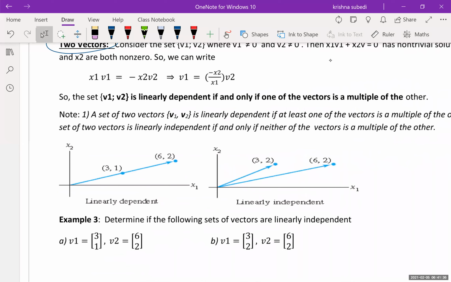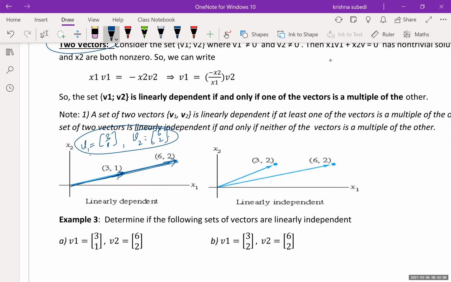Now, what it means is, suppose my V1 is 3 and 1. If I draw the vector, this is 3 and 1. And let's say my vector V2 is 6 and 2. Then this is my vector. So these V1 and V2 are actually multiples of each other. If you draw the graph, they lie on the same line, and in that case we call them linearly dependent.